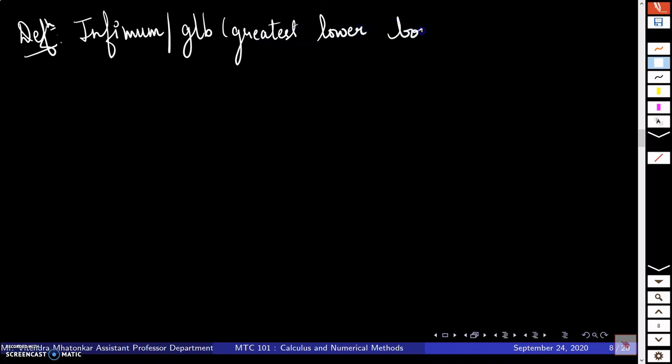In the previous video we had supremum and least upper bound, and this is the greatest lower bound. So let's define this. Supposing I have a non-empty subset of R which is bounded below. Let A be a subset of R, non-empty.